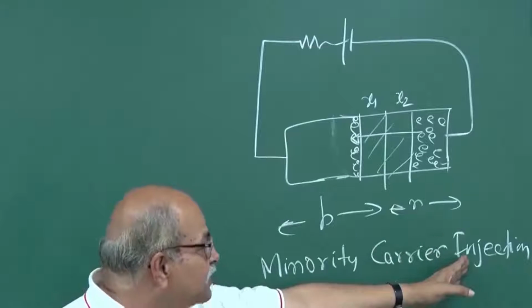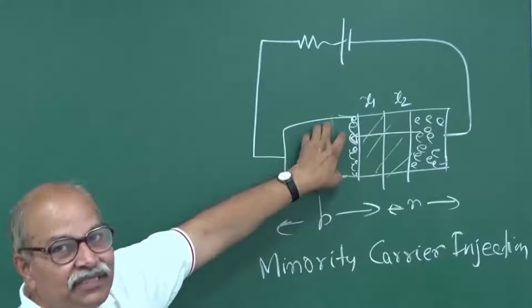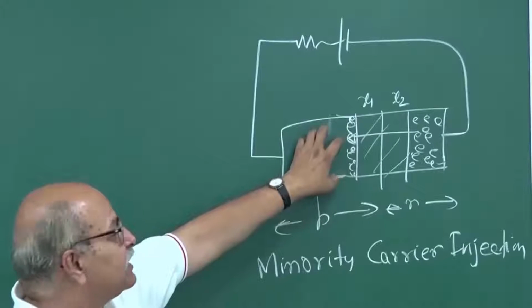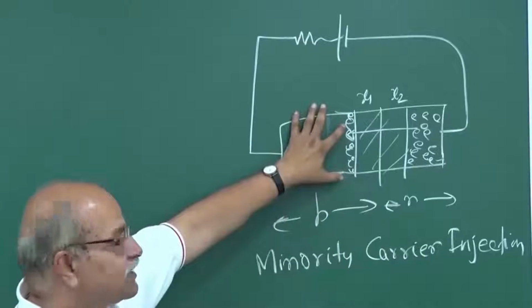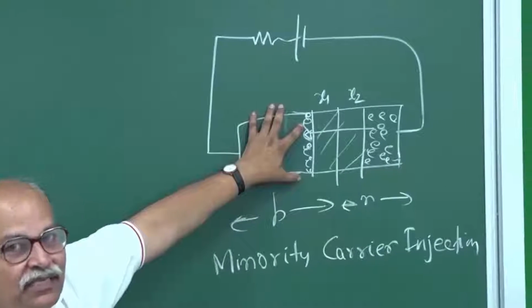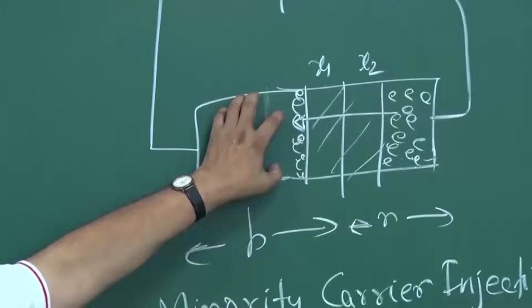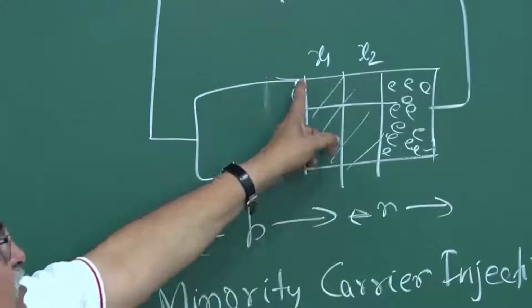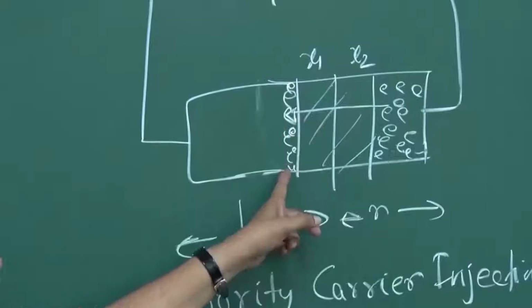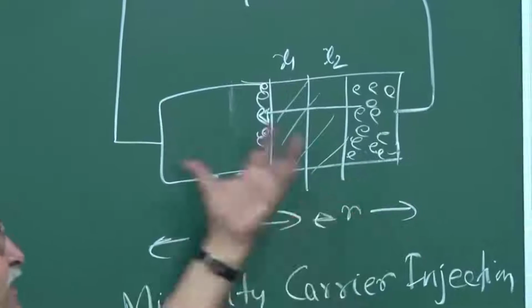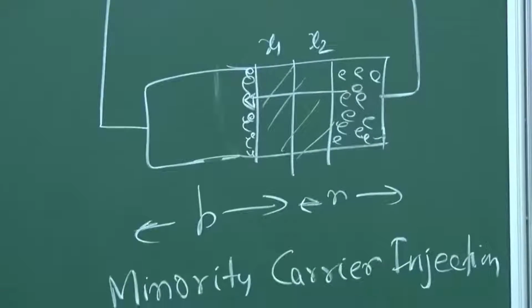This injection is in this portion. This is the p side, and in the p side holes are the majority carriers and electrons are the minority carriers. And we have put in extra minority carriers here, extra electrons here. So that is known as minority carrier injection.